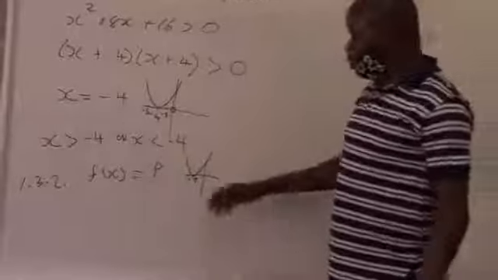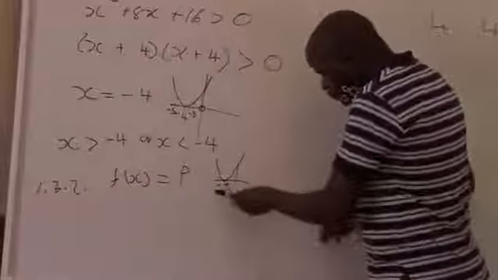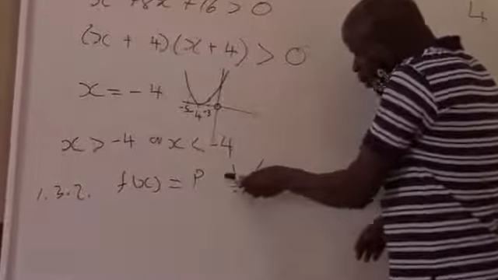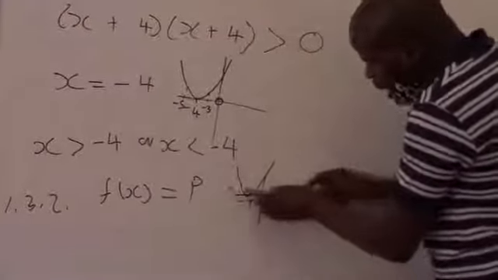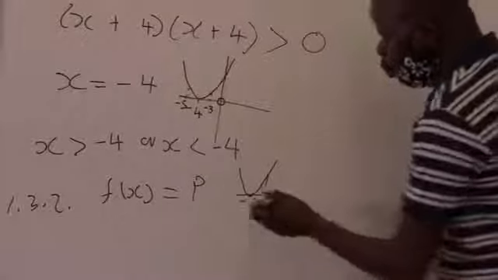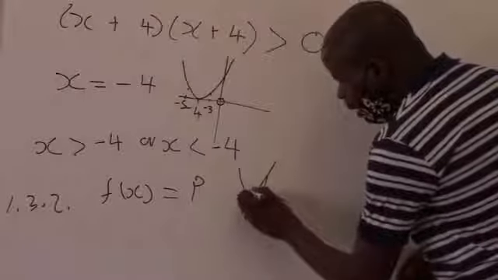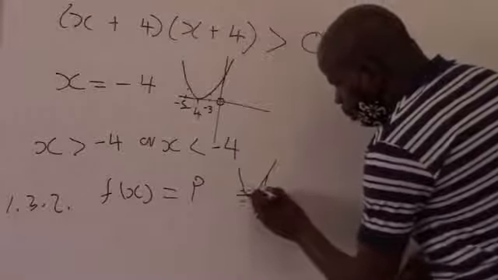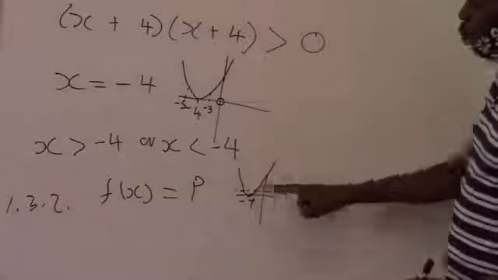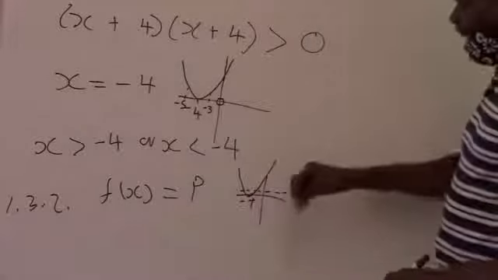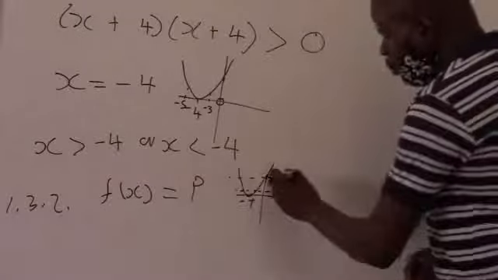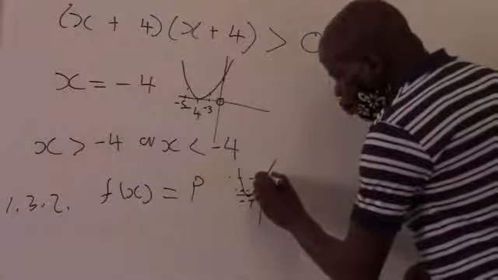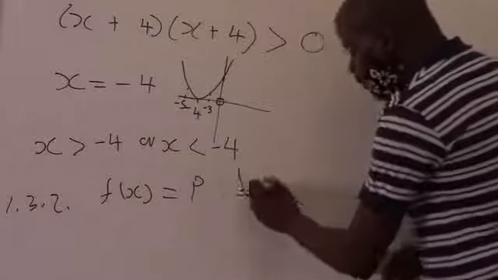So now, if ever we shift this line going up, it means that now it will have 2 roots. It will have a root somewhere there and a root here. So those roots are 2 and they are still negative up until when we get here. When we get here, one root is negative and the other root is 0.